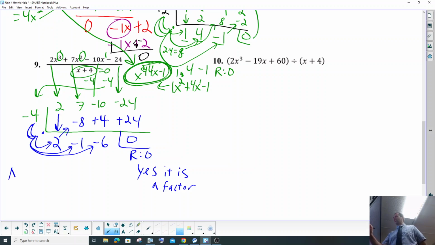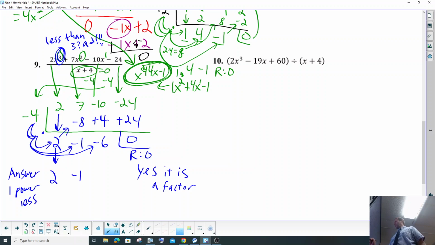Because we got to get our answer. So our answer is 1 power less than what we started with. So we originally have a third power, so what's less than 3? A 2. So this 2, we bring it down, and the negative 1, and the negative 6, and we shove an x in there.